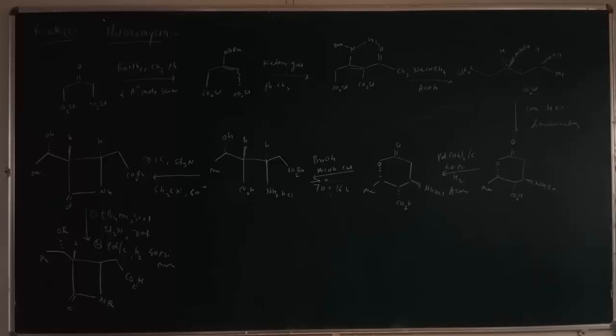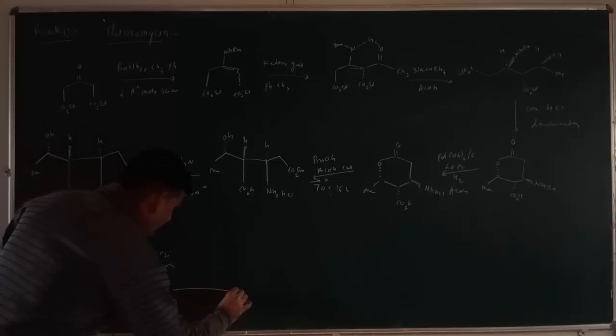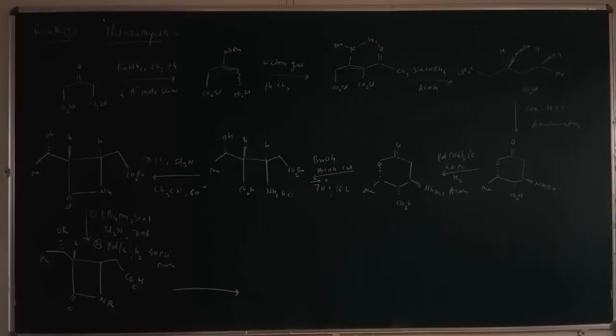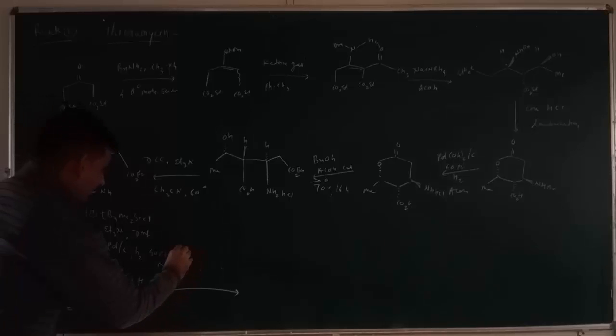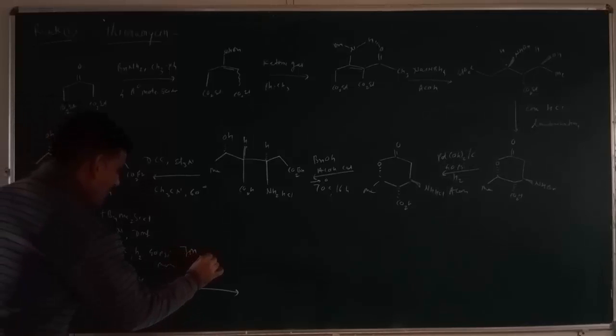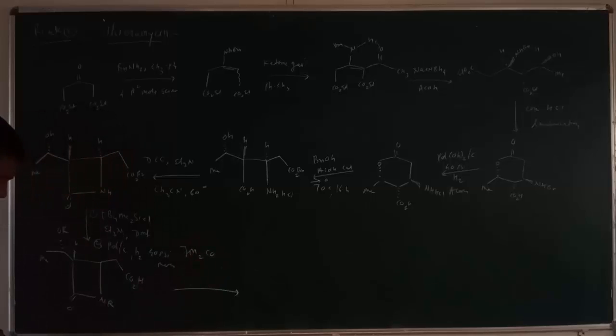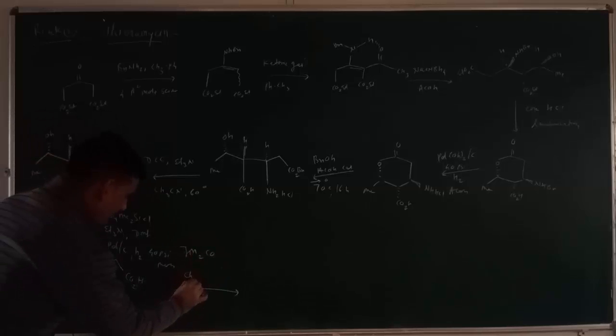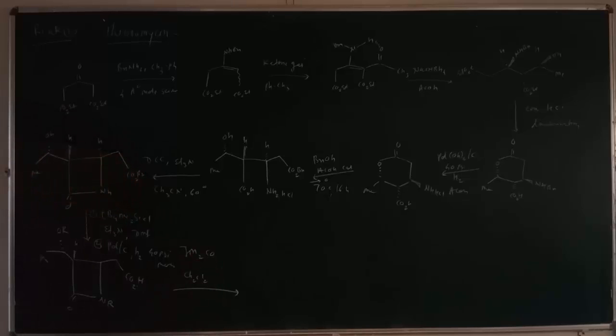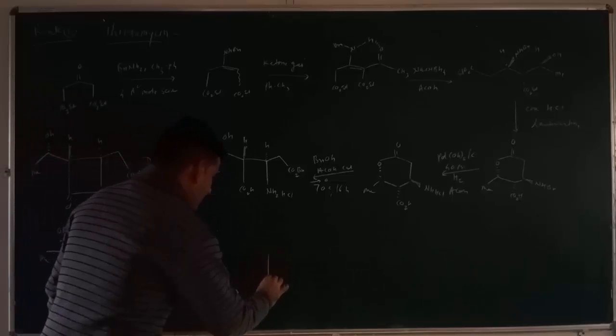Then in the further step, we can treat this compound with 1,1-carbonyl diimidazole. So this 1,1-carbonyl diimidazole, that is Im2CO, in the presence of solvent, that is CH2Cl2, dichloromethane, and then it gives formation of a compound, and that compound will have an imidazolyl group at the carbonyl position.